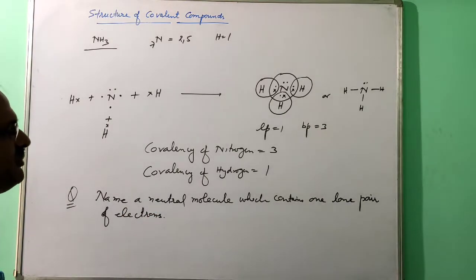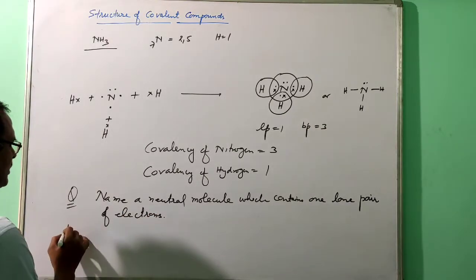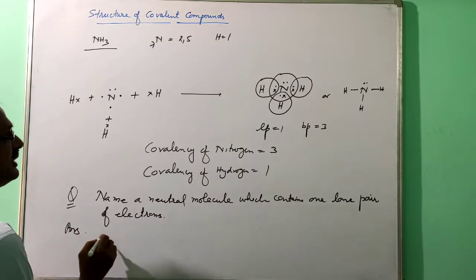This question was asked in board paper. Name a neutral molecule which contains 1 lone pair of electrons. So your answer will be ammonia.